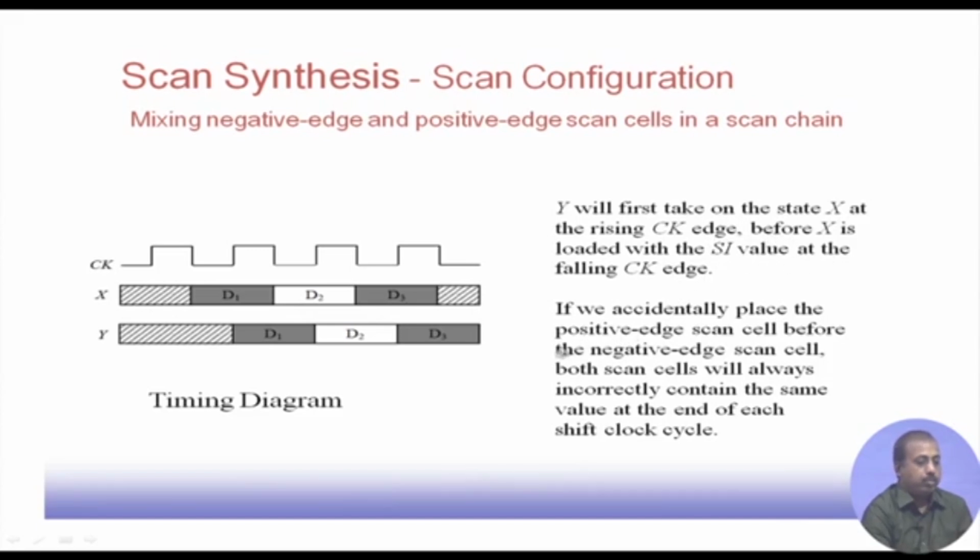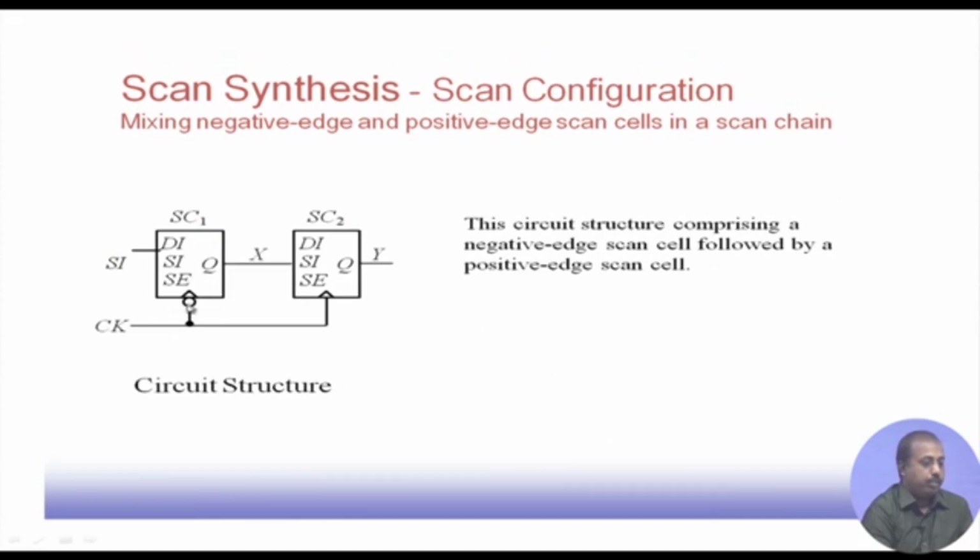That will happen, but if we do just the reverse, if we put the positive edge scan cell before the negative edge scan cell, in that case both scan cells will always incorrectly contain the same value at the end of each shift clock cycle. Suppose we do the reverse, that is, this one is positive edge triggered and this is negative edge triggered.